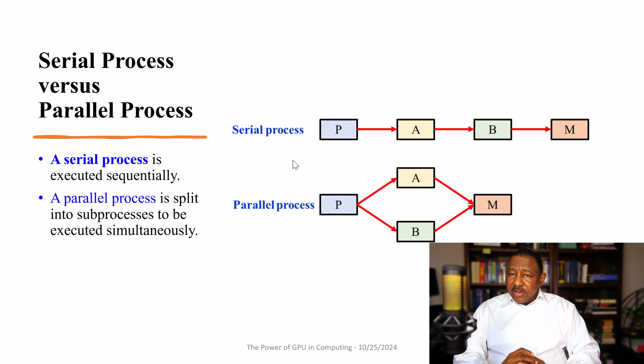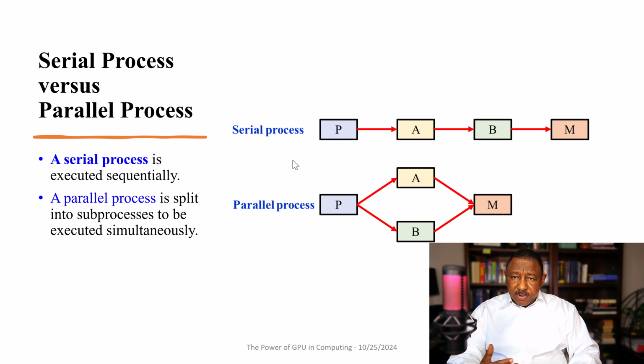And it is also important to know about serial computing and parallel computing. Serial computing is when we have instructions, because the program itself consists of instructions, and when we execute those instructions sequentially, step by step, it will take a long time.